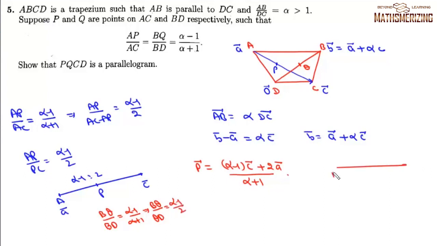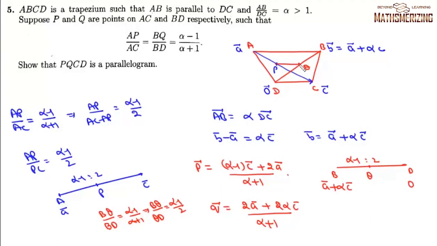So we have these points B and D, which are A plus alpha C and 0. Then this Q divides them in the ratio alpha minus 1 is to 2. So position vector of Q will be 2A plus 2 alpha C upon alpha plus 1.